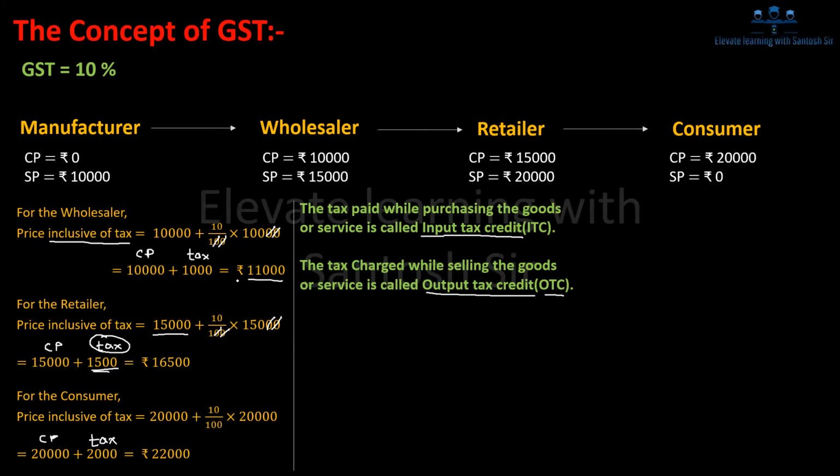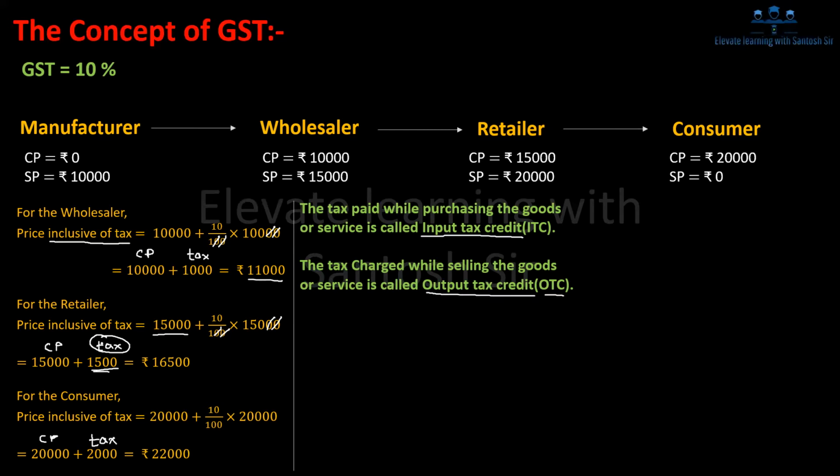Try to understand it. Once again, I'm explaining. The wholesaler, while purchasing, is paying a tax of 1000 rupees. So input tax for him is 1000 rupees. At the same time, the manufacturer is selling it to the wholesaler and charging a tax of 1000 rupees. So 1000 rupees is the output tax for the manufacturer, but input tax for the wholesaler.